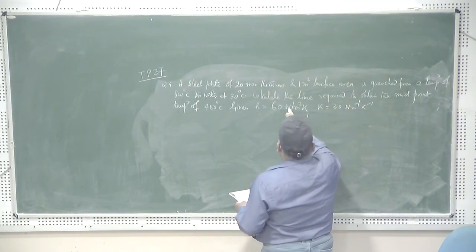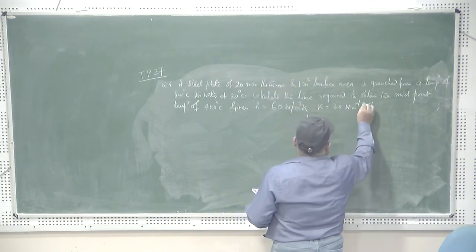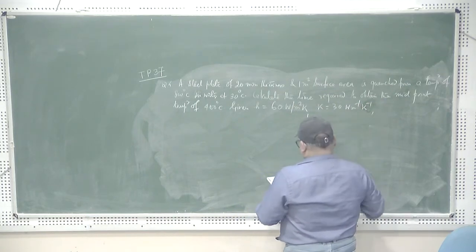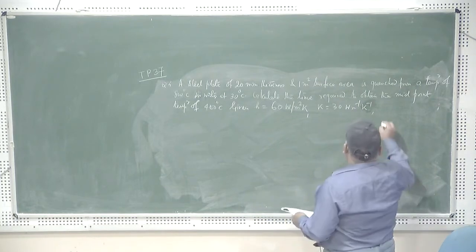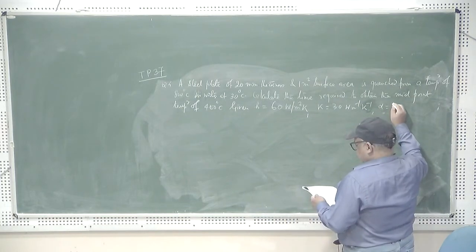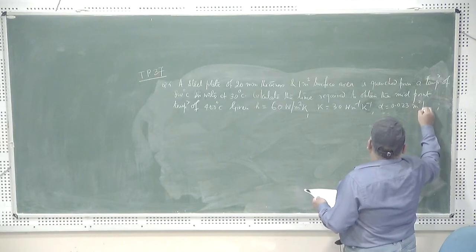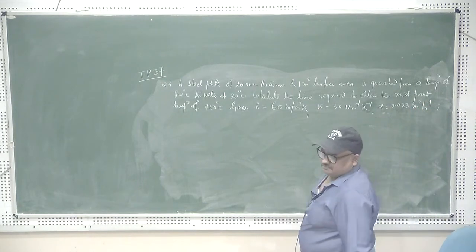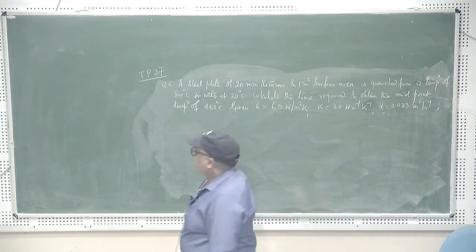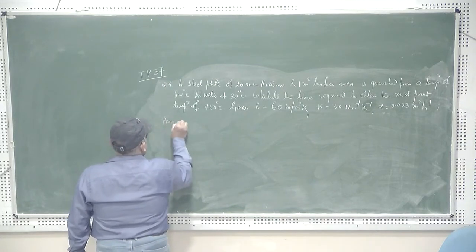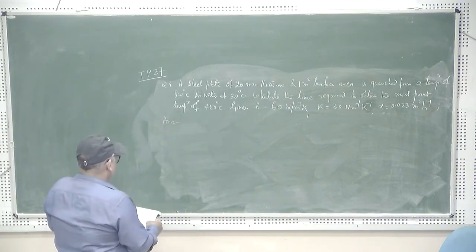You can also write watt meter raised to the minus 2, K raised to the minus 1 here. And alpha, that is the thermal diffusivity, is 0.023 meter square per hour. So let us proceed in this numerical problem.